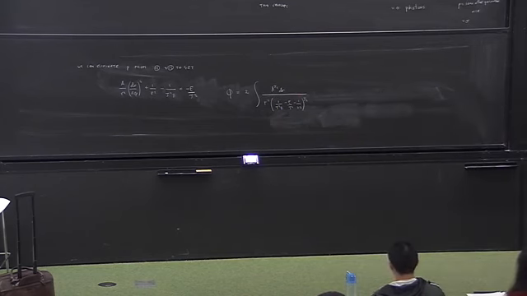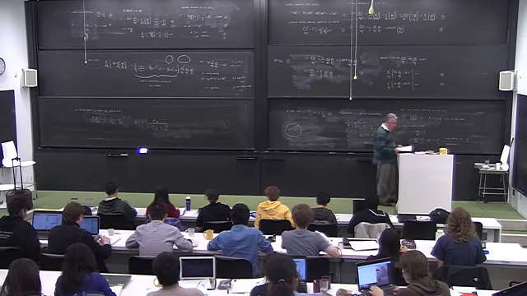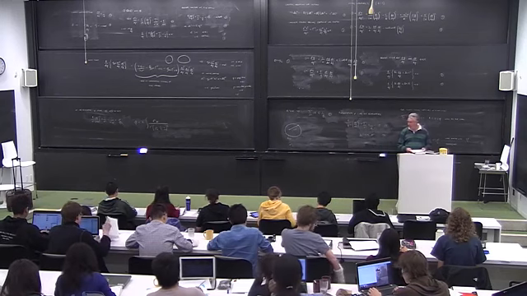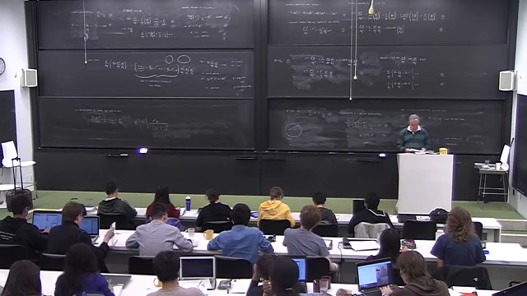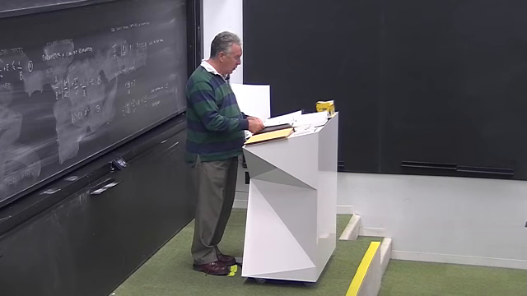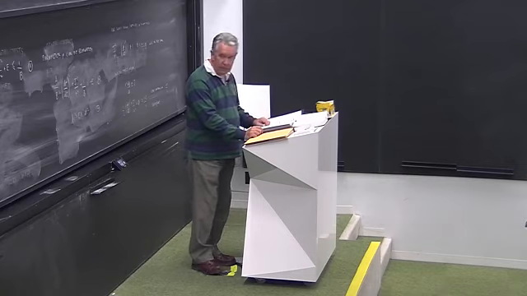So that was a lot of work, but we've got the answer we want. We've now got phi, the azimuthal angle, as a function of the radial coordinate. And that's what we need to look at the perihelion of Mercury.